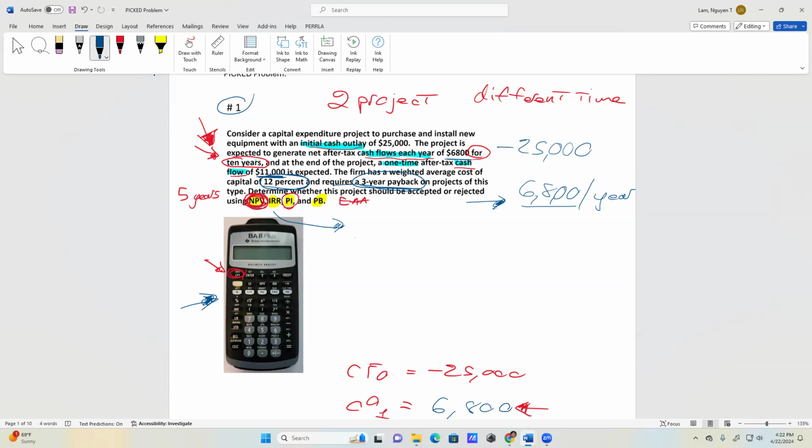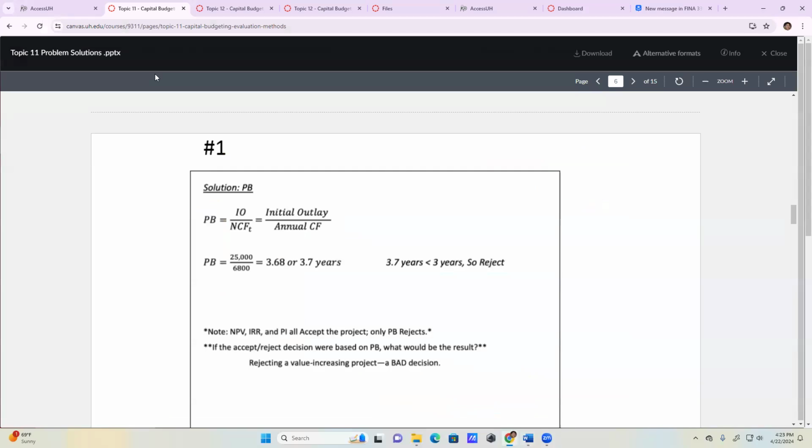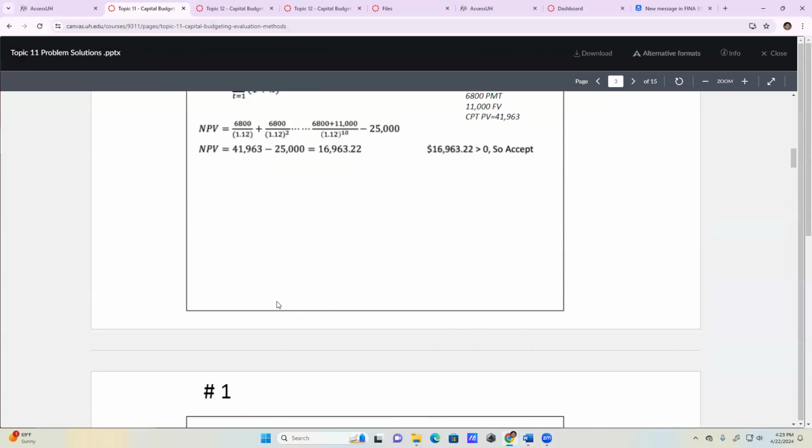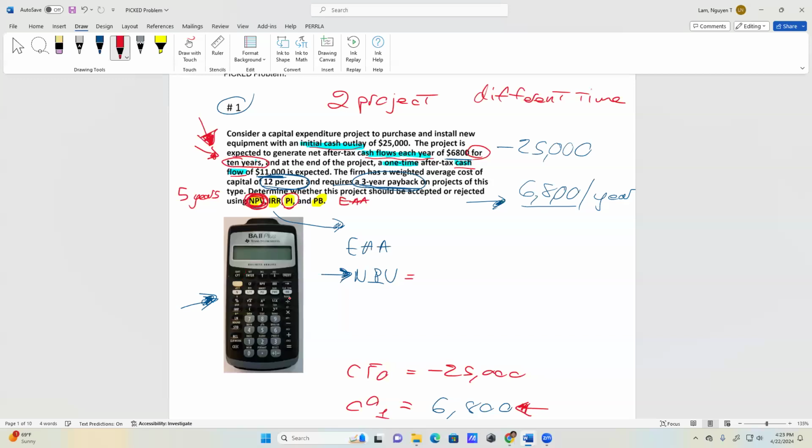All right. So when you find the EAA, you're going to need the net present value. On your calculator, let's say that the net present value for this problem, which we found before, is 16,963.22.